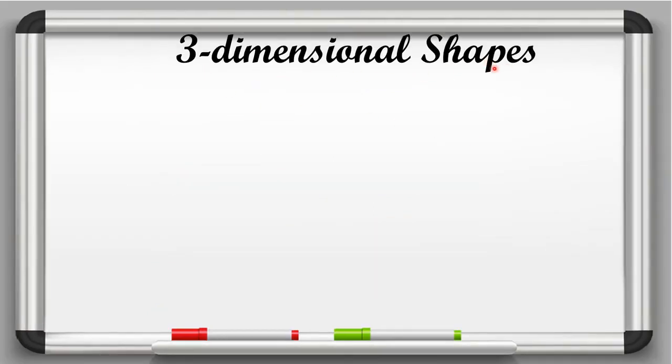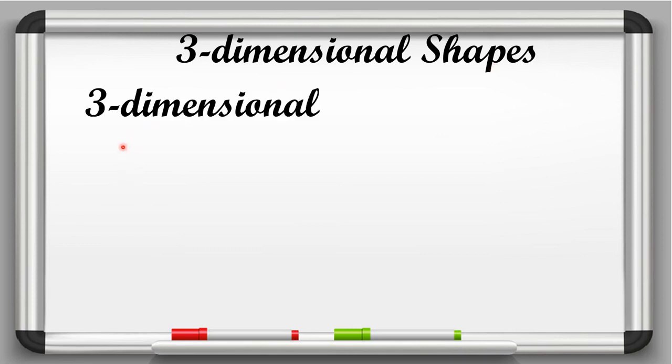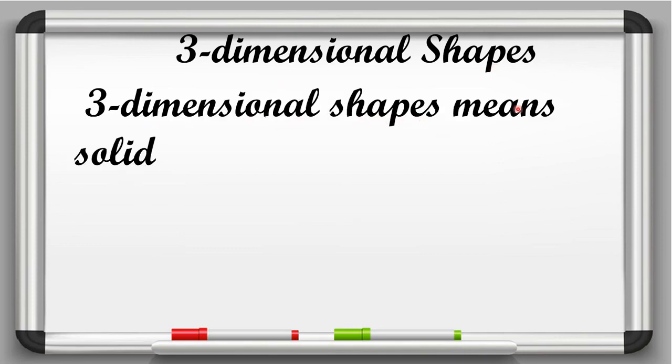Three-dimensional shapes. Today we will learn about three-dimensional shapes. What are three-dimensional shapes beta? Three-dimensional shapes means solid shapes or 3D shapes. 3D shapes is the short form of three-dimensional.